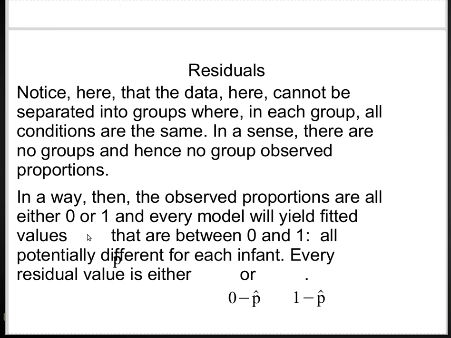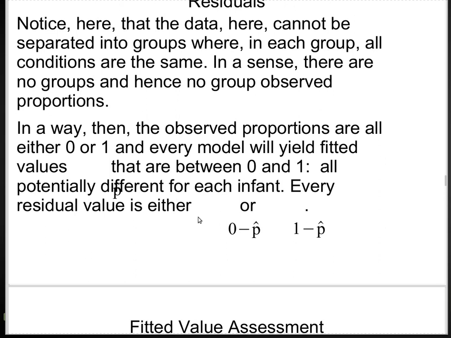Anyhow, the point is, here the fitted values we get will give us these p hats, but in every case, the observed proportion isn't really a proportion. It's just either a 0 or a 1. And so the difference between observed, which is 0 or 1, and fitted gives us these two things, right?